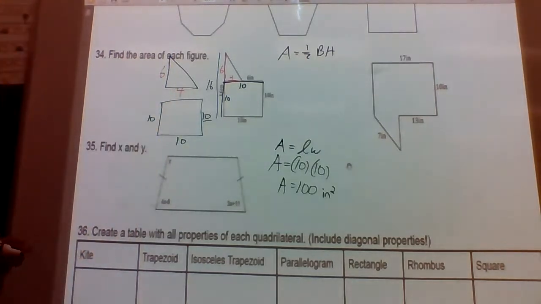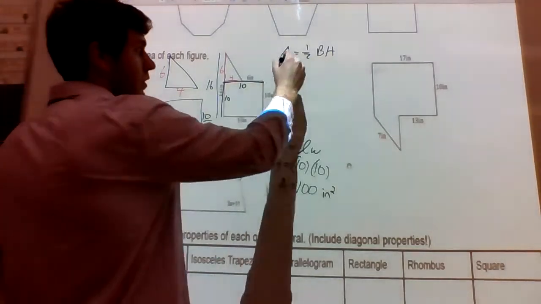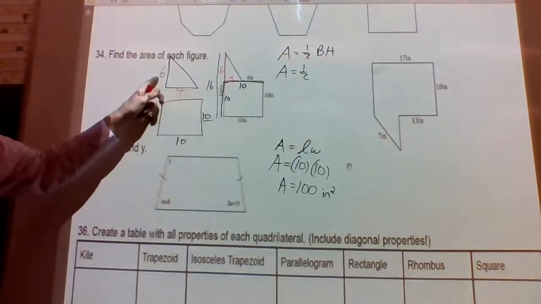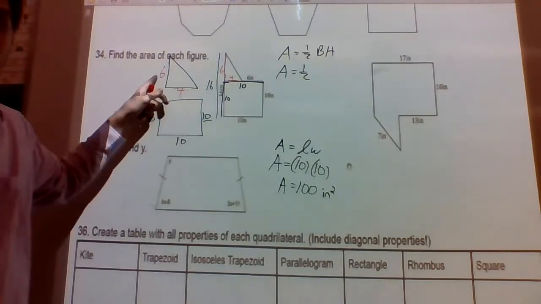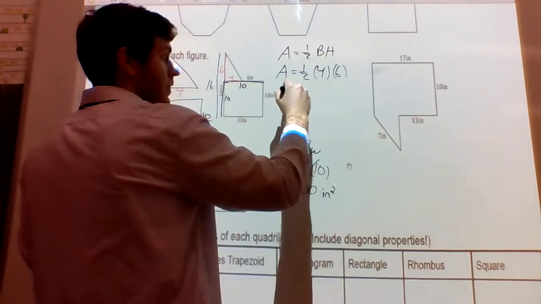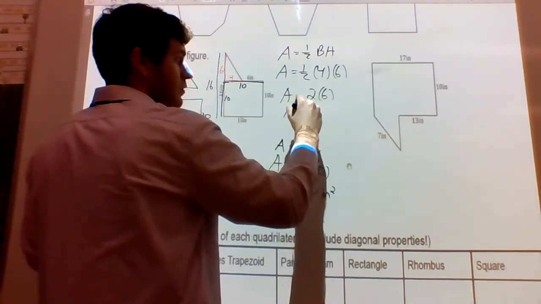Can we see these numbers? The red is kind of light, but it's fine. So our area is going to equal 1/2 times 4 by 6. The base is 4, the height is 6. Half of 4 is 2, times 6 gives us 12.